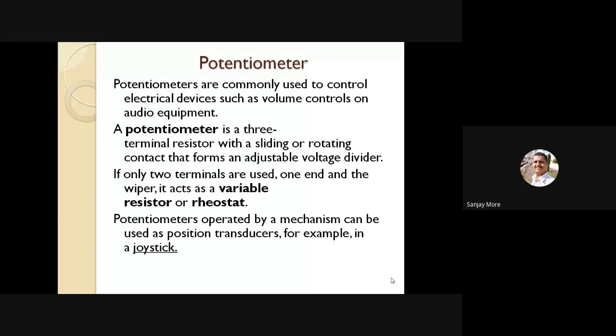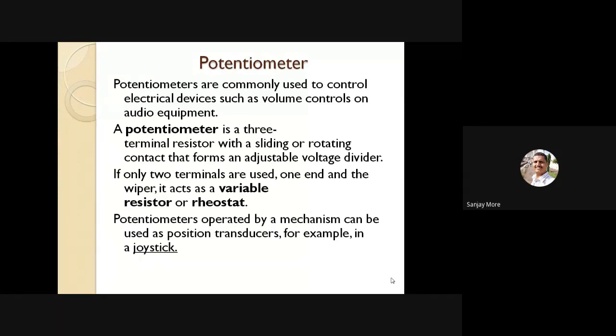Here, first point is potentiometer. So see what is meant by potentiometer, or the definition of potentiometer.